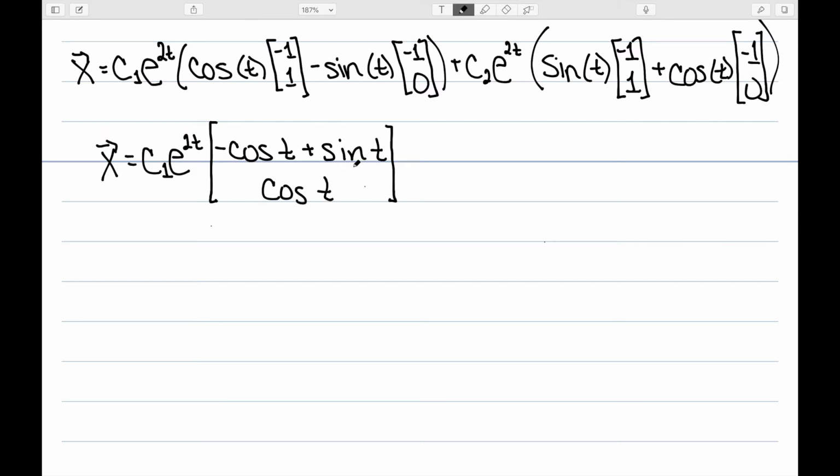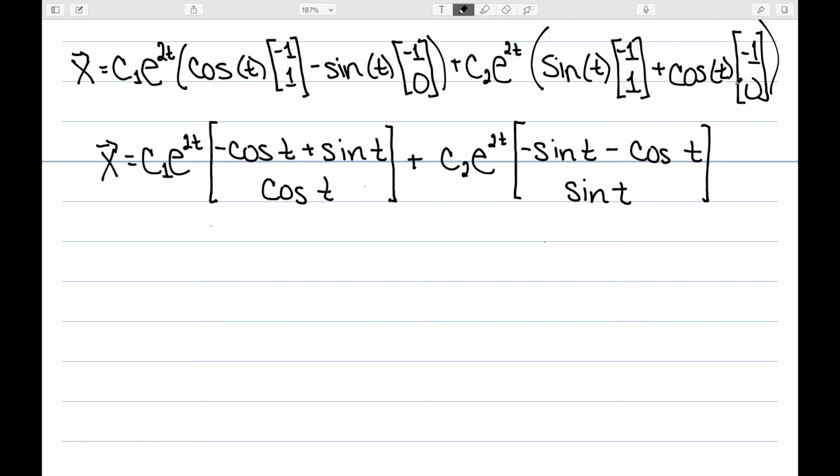And then negative sine t times 0 is 0. And then I'm going to write plus c2 e to the alpha t times, my first row gives me sine t times -1, so minus sine t. Cosine t times -1 would be negative cosine t. The second row, sine t times 1 is sine of t. And then cosine of t times 0 is 0.